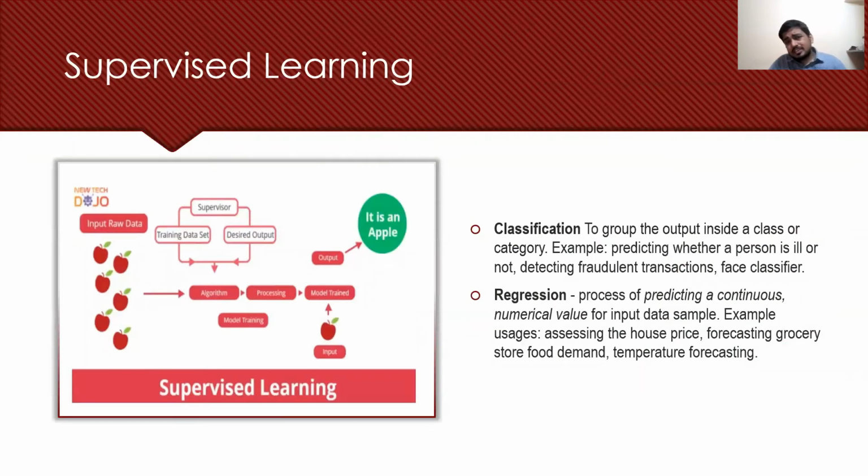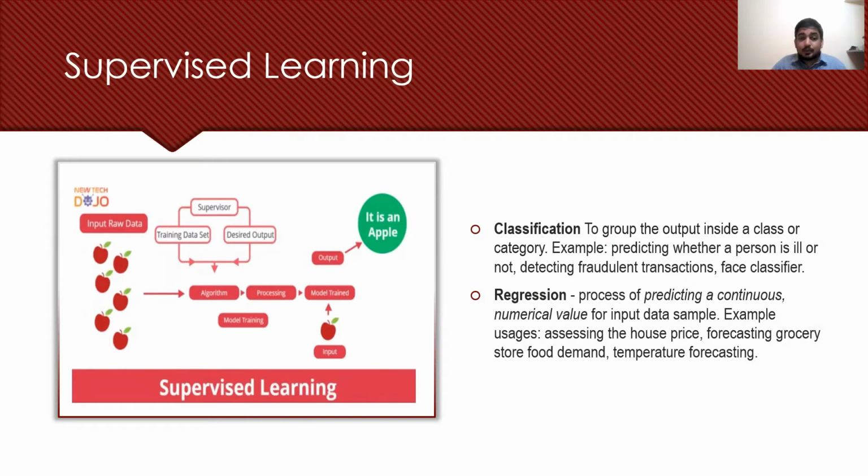So supervised learning is generally used for two cases, classification and regression. Classification is simply to group the output inside a class or category. This is used to predict if a person is ill or not, if a photo is of an apple or a grape, face recognition, etc. Now regression. Regression is the prediction of continuous numerical values in data.